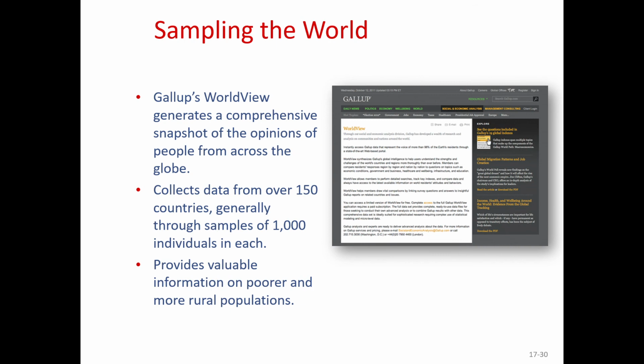And in order to accurately reflect this world sentiment and opinions, we must have an accurate sample of the world population. So Gallup's approach, using a sophisticated sampling methodology and comprehensive interview training techniques, provides insight into these global opinions. So this is Gallup.